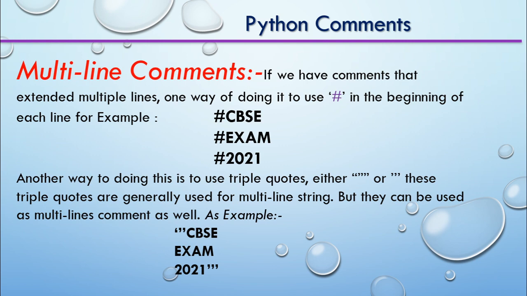Another way of doing this is to use triple quotes, either triple double quotes or triple single quotes. These triple quotes are generally used for multi-line strings, but they can be used as multi-line comments also. For example, if we write triple single quotes, then CBSE exam 2021 and then triple quotes close, it means these 3 lines are comments.